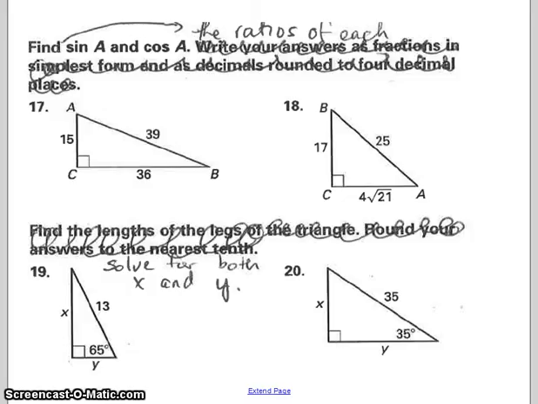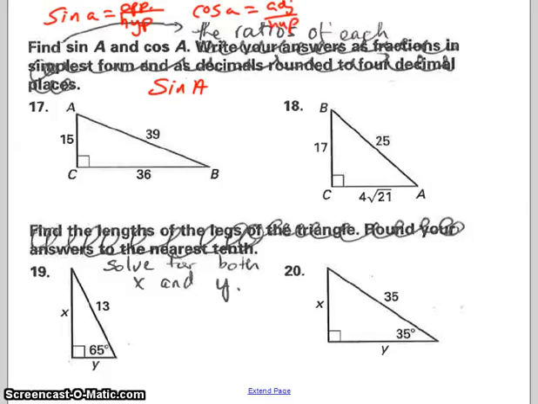Similar to the tangent part, we had to do sine A and cosine A. Sine is opposite over hypotenuse, and cosine of the angle equals adjacent over hypotenuse.